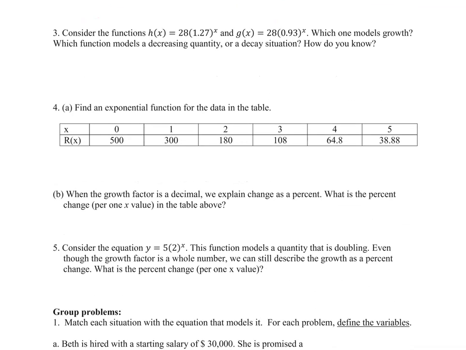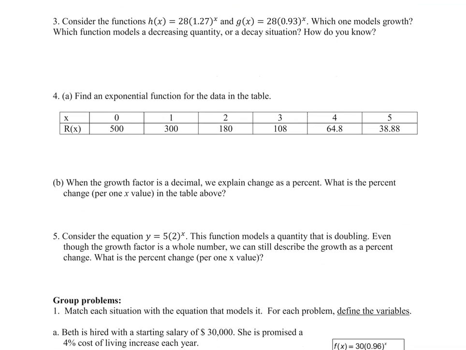All right, number 3. Consider the functions h of x equals 28 times 1.27^x and g of x equals 28 times 0.93^x. Which one models growth and which function models decreasing quantity or a decay situation, and how do you know? So we did this back in activity 1, if you remember.